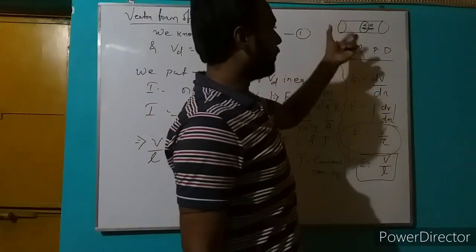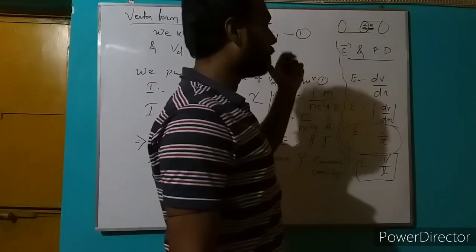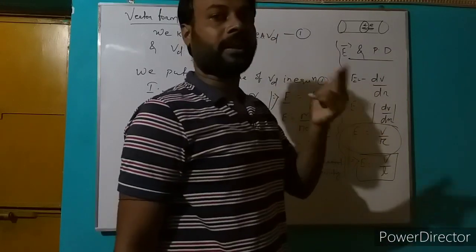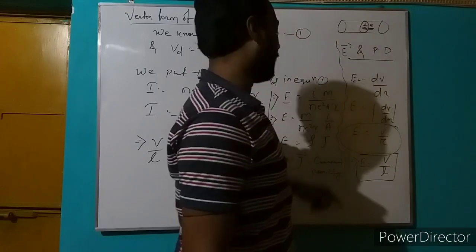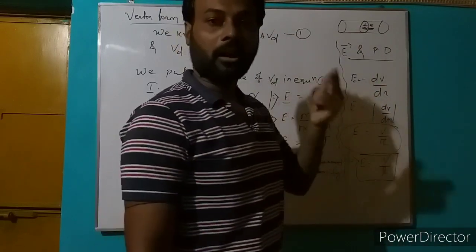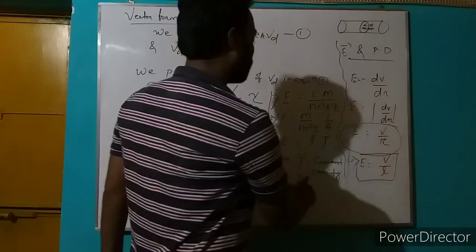The number of electrons flowing through an area constitutes a current. The current drawn from a particular area is called current density. Current per unit area is called current density.